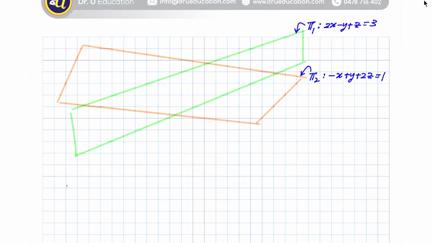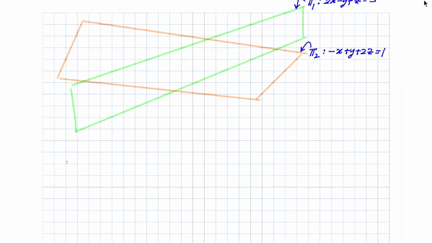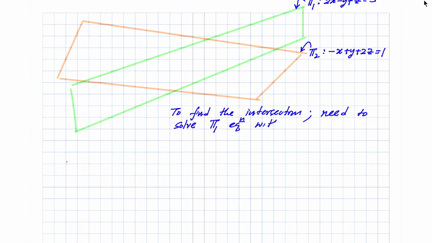So what we can do, now to find the intersection, we need to solve the pi 1 equation with the pi 2 equation.